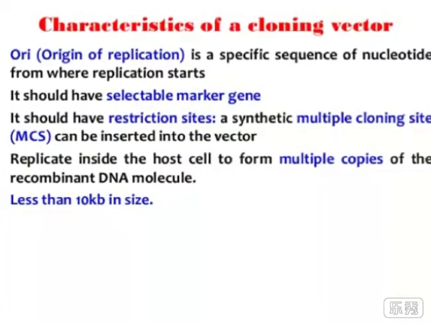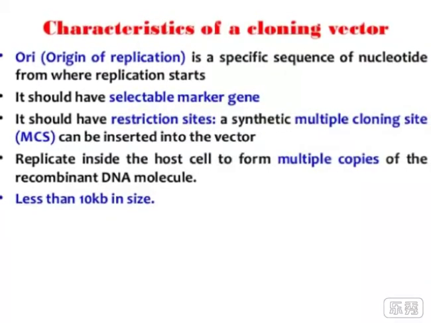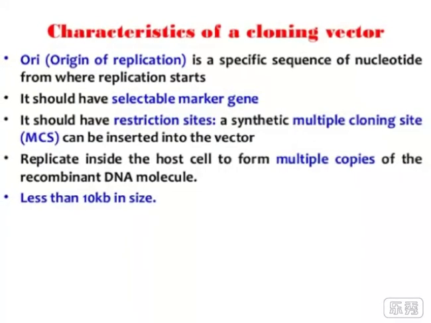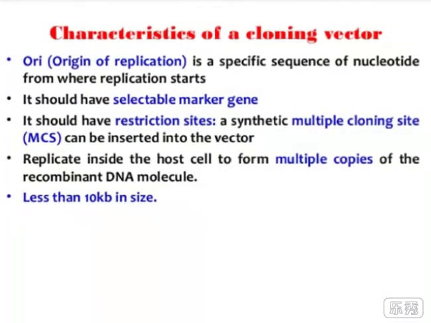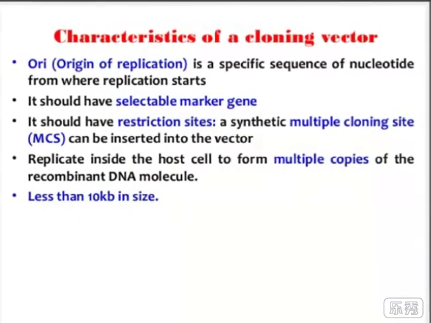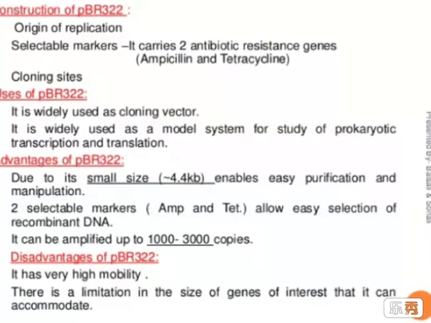Many antibiotic resistance genes in bacteria are present in plasmids. The size of a plasmid varies from a few base pairs to thousands of base pairs. Plasmids also get transferred from one bacterial cell to another by the process of conjugation.